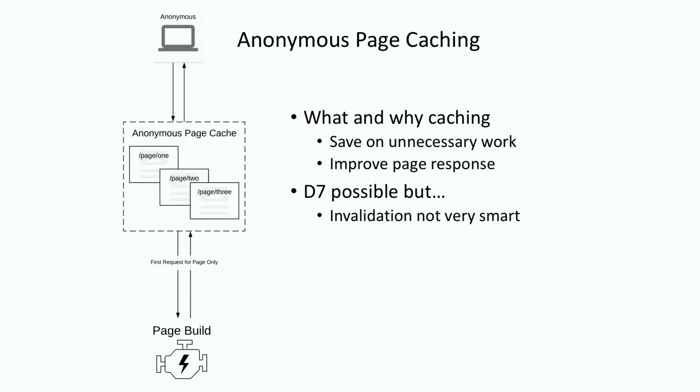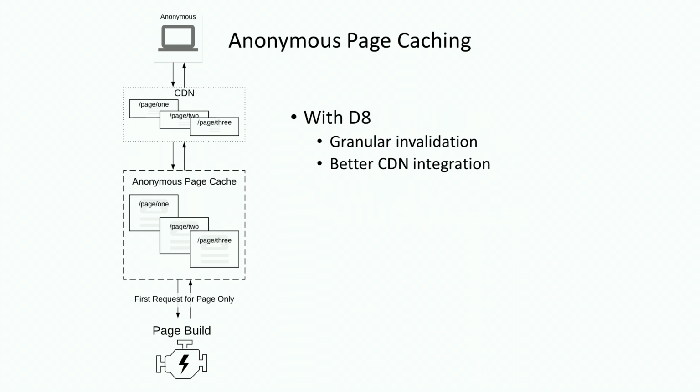So while you could save a node and it would clear the page cache for that node, it didn't necessarily know, when you saved a taxonomy term, about all the pieces of cached content that had that taxonomy term on it. So with Drupal 8, there is much better granular invalidation.